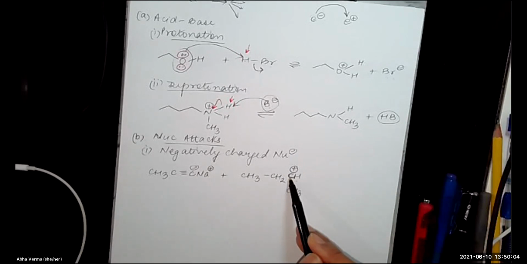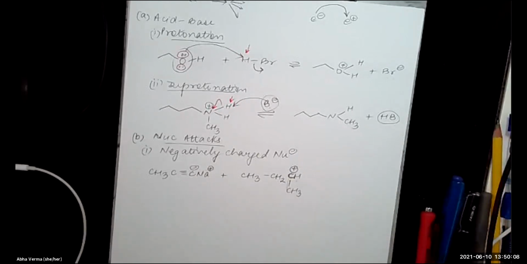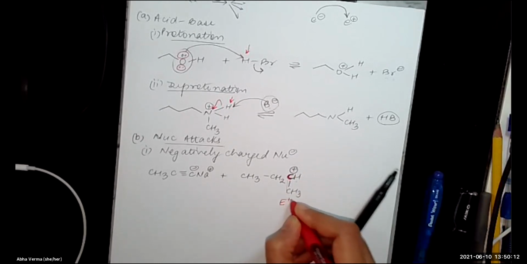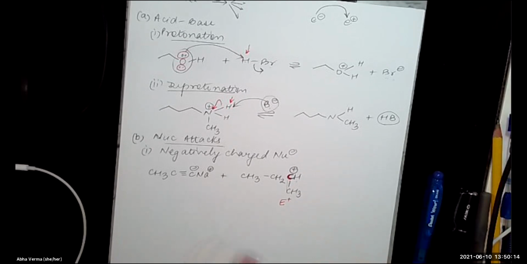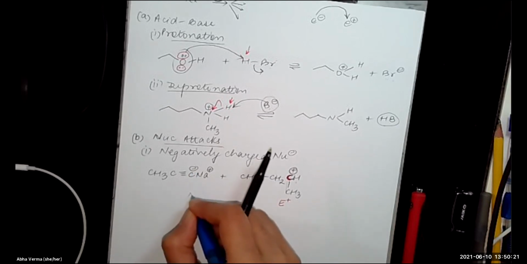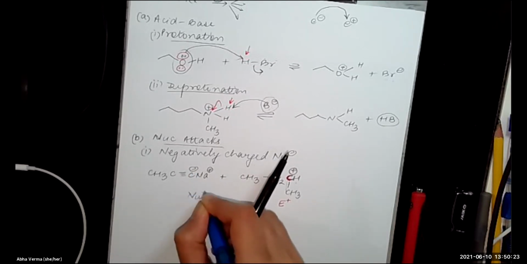This carbon is very electron poor, and so this carbon is our electrophilic site. And this carbon with extra electrons on it is our nucleophilic site.